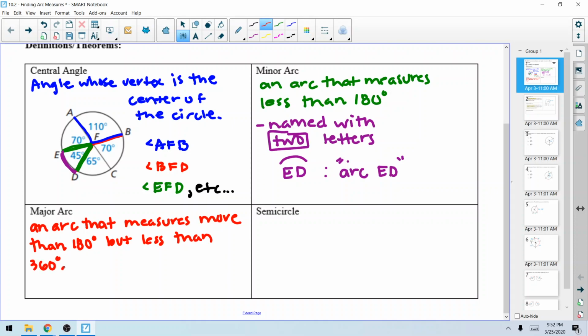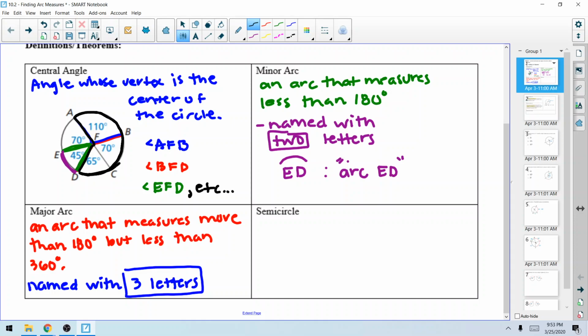Okay, now a major arc is named with 3 letters. Now without trying to make my picture too messy up here, there's a reason for that. So a major arc, we're trying to get more than 180 degrees. So let's say we went from A, F, D. Well, that's going to take me around this way, and my arc would be right there.